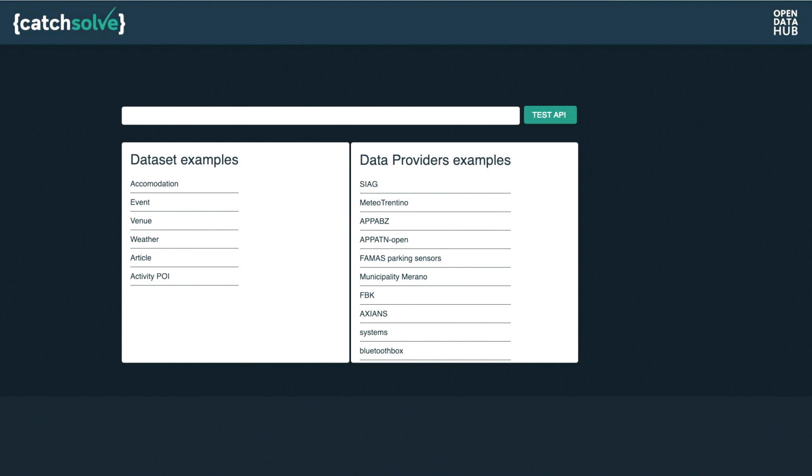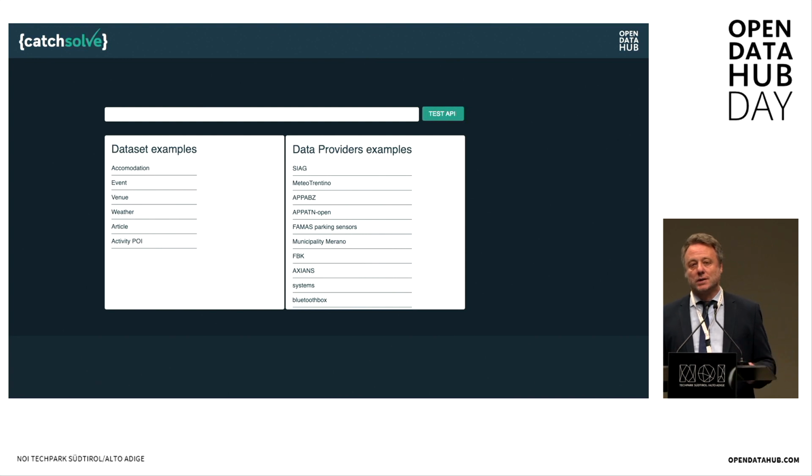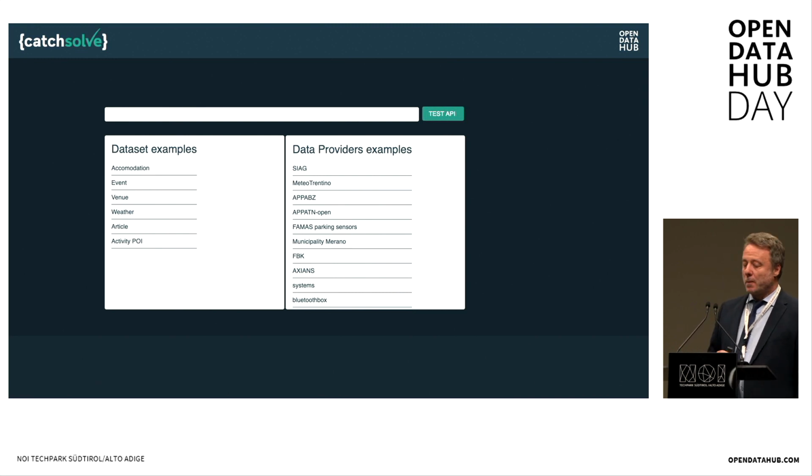So simply you put the URL of the data set in the tool, and you get the result. This can be the first step. For sure, there is the possibility to make further configuration, but the first thing is to start easy.